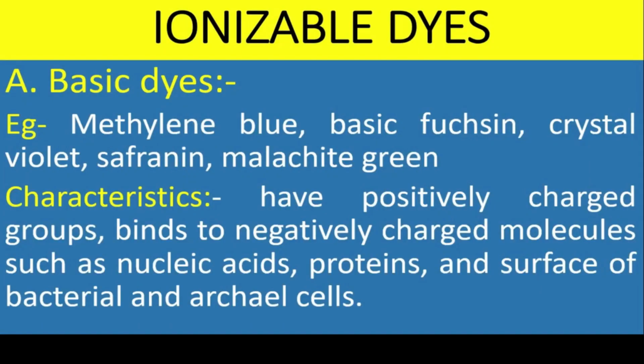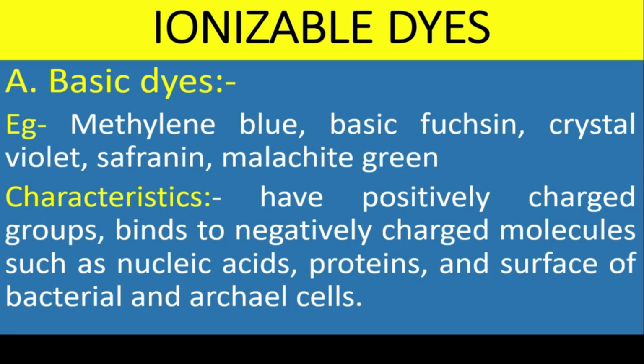According to the ionizable properties, the dyes are classified into two. A. Basic dyes. Examples: methylene blue, basic fuchsin, crystal violet, safranin, malachite green. It is very important. Characteristics: basic dyes have positively charged groups, and bind to negatively charged molecules such as nucleic acids, proteins and the surface of bacterial and archaebacterial cells.